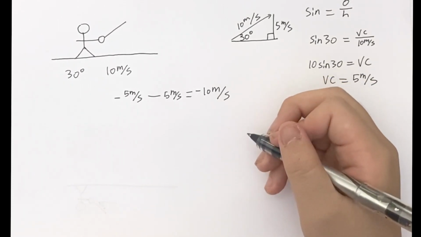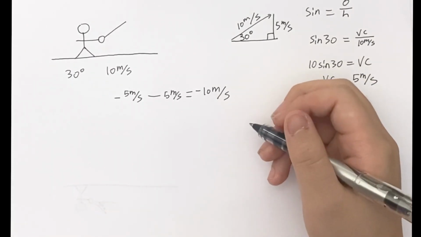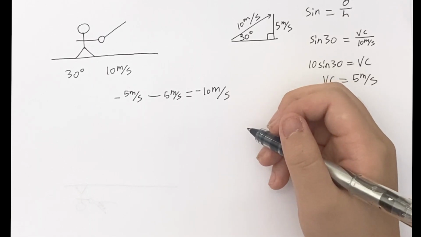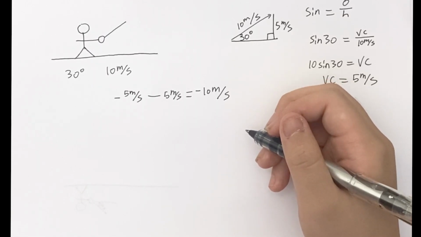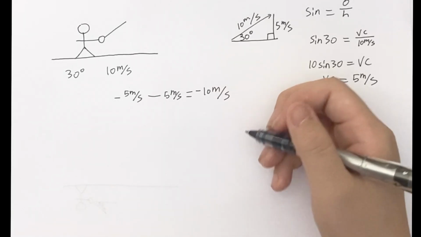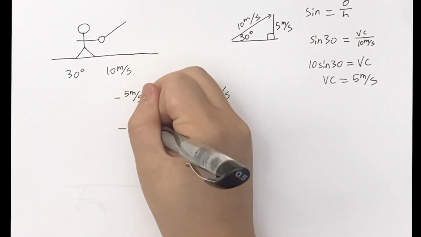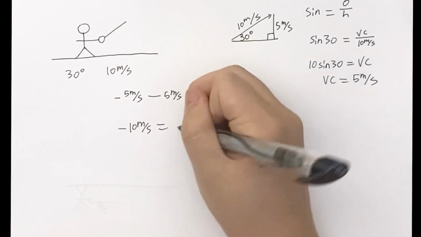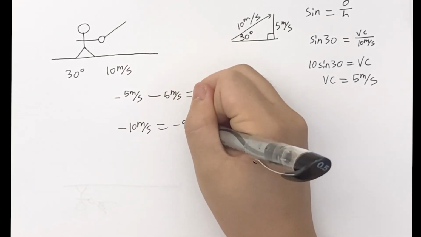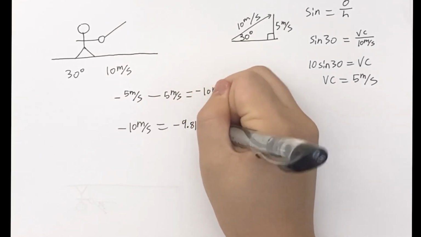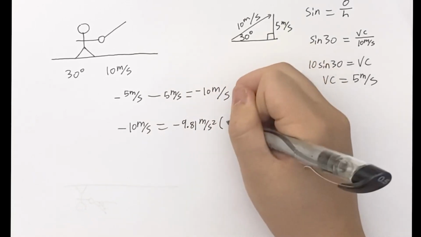Well, what do we do with this information? Well, the change in velocity is equal to the vertical acceleration times time. And we know that acceleration is going to be negative 9.81 meters per second squared because of gravity. So negative 10 meters per second is equal to negative 9.81 meters per second squared times time.